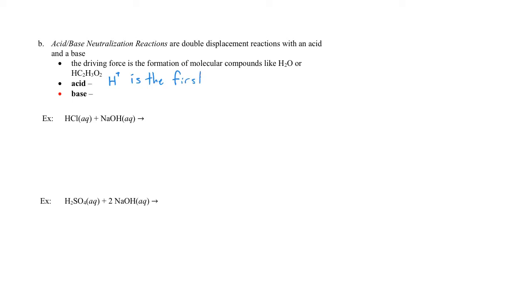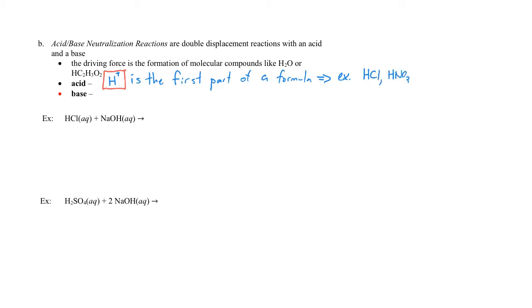We're going to talk about acids as chemical compounds where we see hydrogen with a positive charge as the first thing in the formula. So you look at a formula and you see H written first, and if it is with another ion next to it, it could be a mono or a polyatomic ion, we want to consider that as being an acid. So H plus is the first part of a formula.